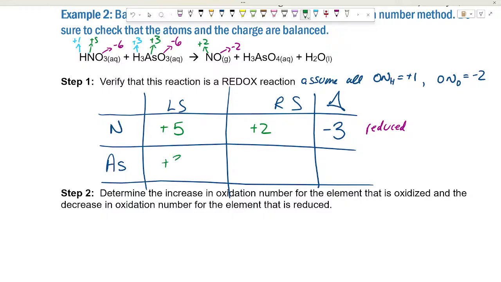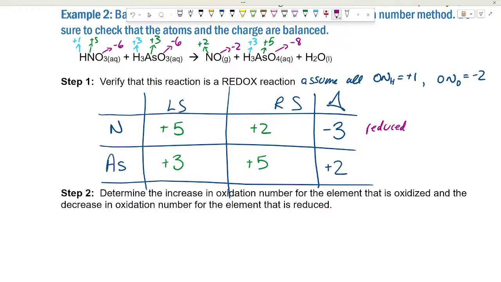Okay. And then on this side, what is oxygen giving us? -8. What is hydrogen giving us? +3. So what's the arsenic got to be giving us if this whole thing sums to 0? +5. So from +3 to +5, is that going up or down? By how much? 2.